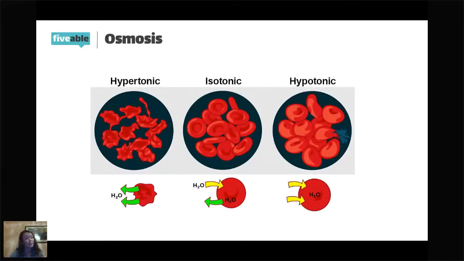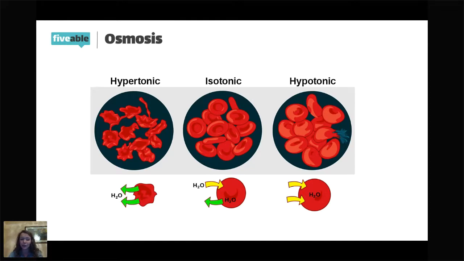But when water moves out, so if there's low concentration of water outside of your cells, if you're really, really heavily dehydrated, and so you actually have more water in your cells than you do outside of your cells, we call that hypovolemia, meaning you have low blood volume.